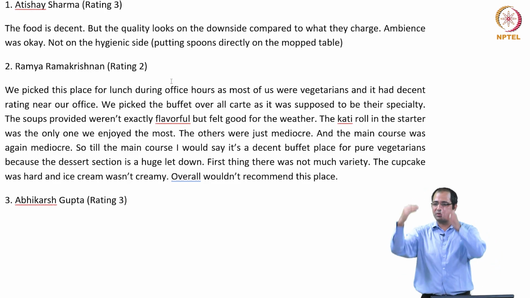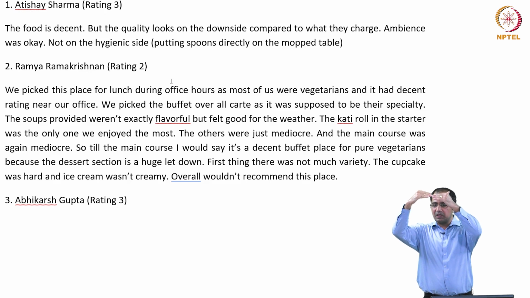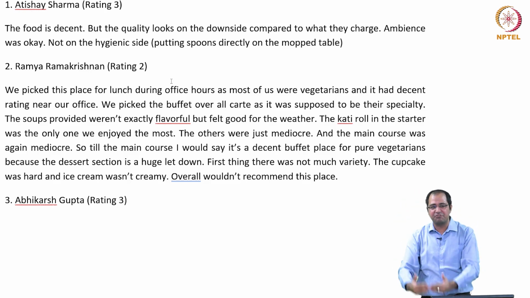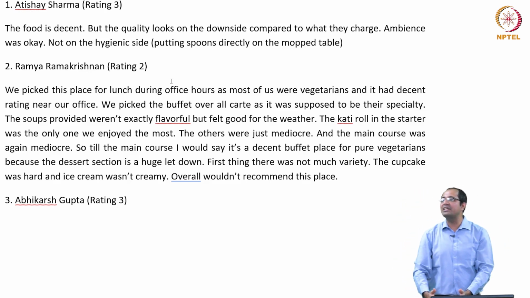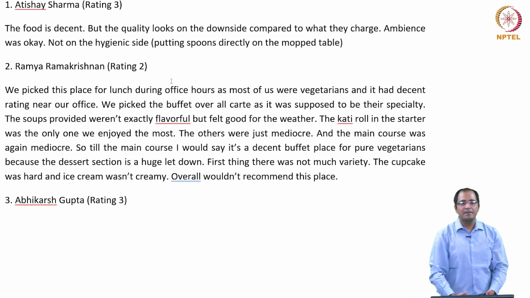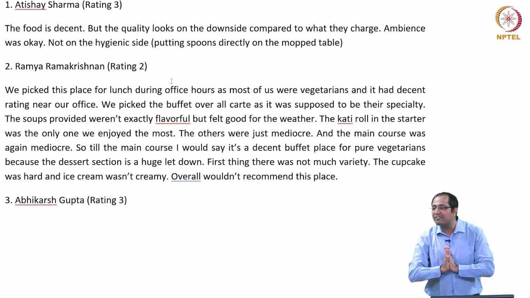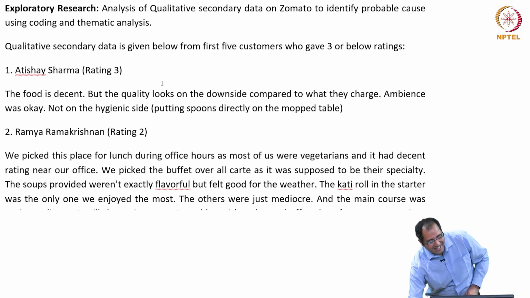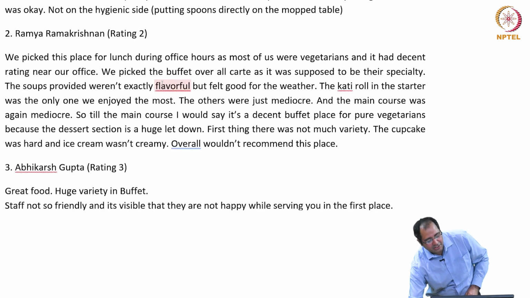The other way is you just take the latest 50 reviews and try to analyze them to see what could be the probable cause. In this case I have done it with only 5. So these 5 are the reviews given for that particular restaurant.